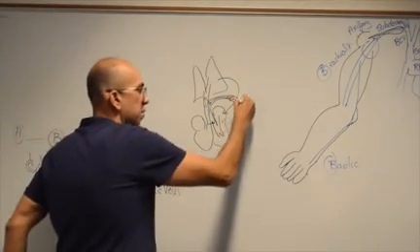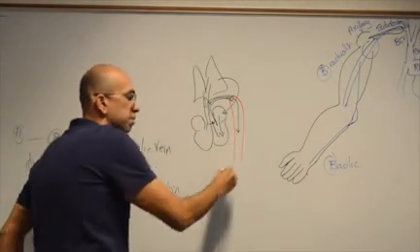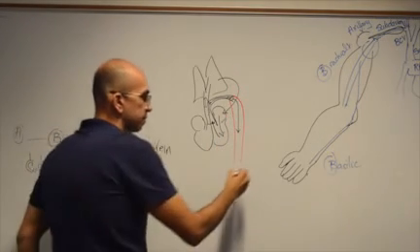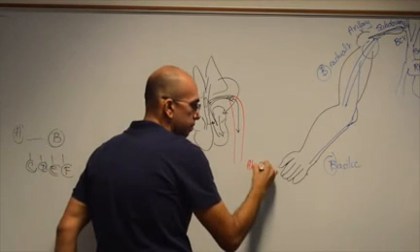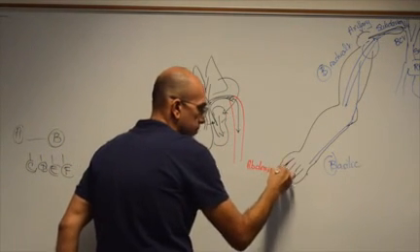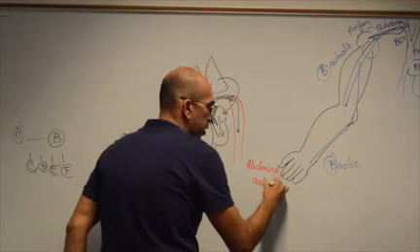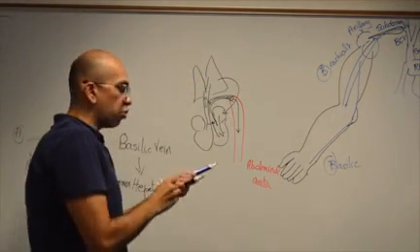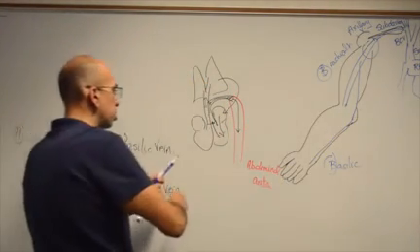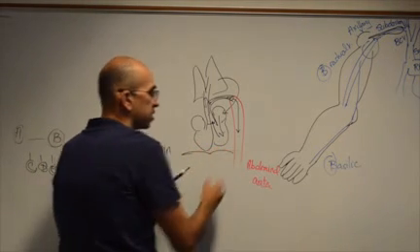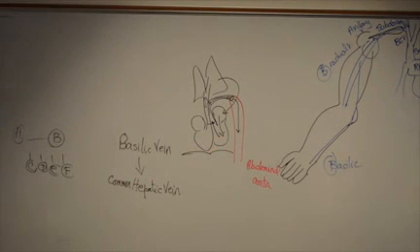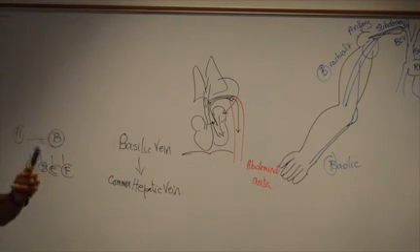The descending aorta will carry the blood down, will pass the diaphragm, and will be called my abdominal aorta. And then from the abdominal aorta, I will be forming many branches. What you need to ask yourself at this point is, where am I going? Which organ am I willing to supply, to know which branch I will be taking?